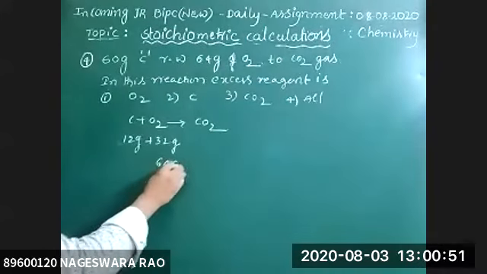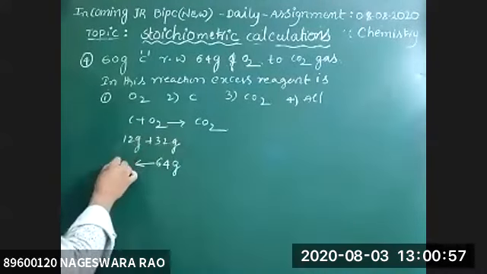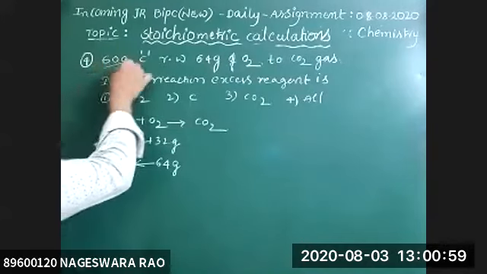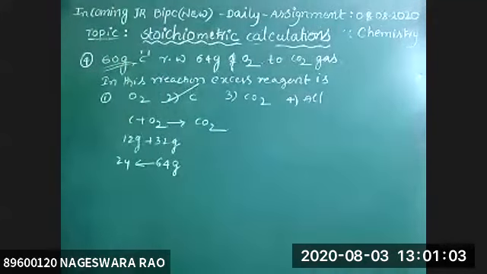Here 64 grams of oxygen react with how many grams? Here double, here also double, 24 grams. Here 60 grams are given. So the excess reagent is carbon. An extra amount is there compared to the required amount, and the extra amount is left in the reaction.